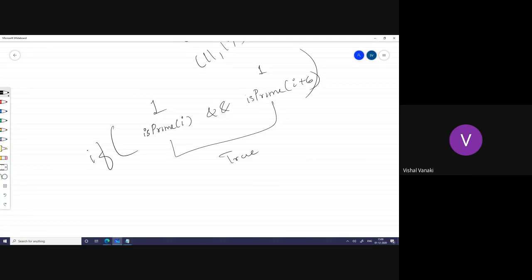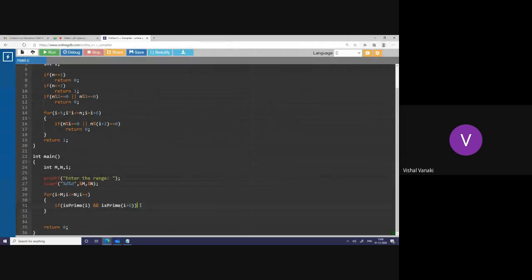When this entire condition becomes true, I can print here, double quote, %d comma %d, slash n, comma i, comma i plus 6. So this way you can print all the pairs of prime numbers whose difference is 6. Now let us execute and check.